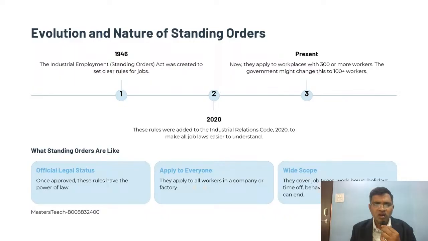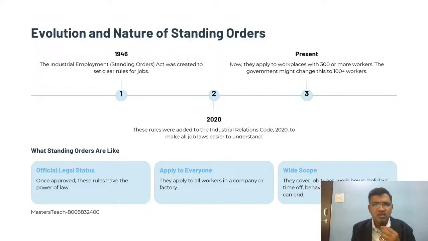Now, how it started: the standing orders initially started in 1946. The Industrial Employment Act created a set of rules for jobs in 1946. And in 2020 these rules were added to the Industrial Relations Code 2020 to make all the job laws easier to understand.